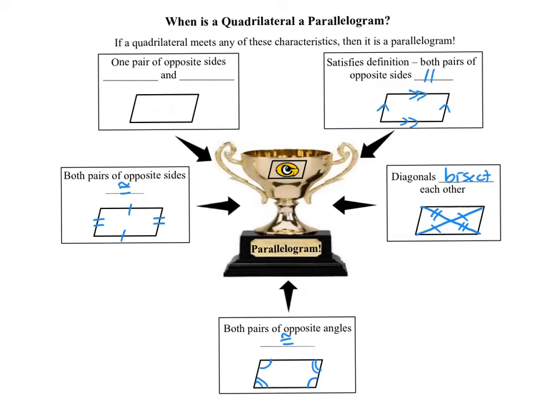And last but not least, if just one pair of opposite sides is both parallel and congruent, we will prove later in this lesson that that's enough to guarantee a parallelogram.